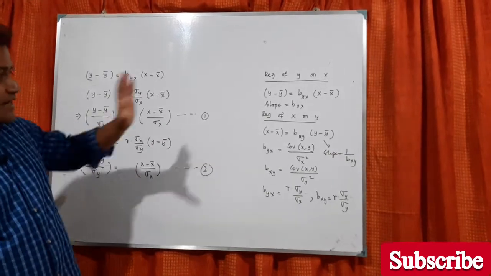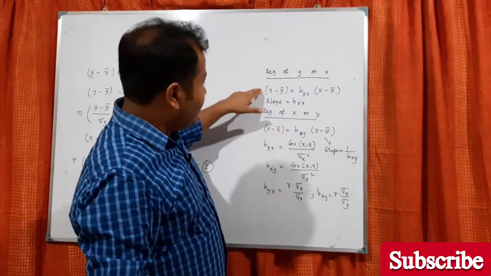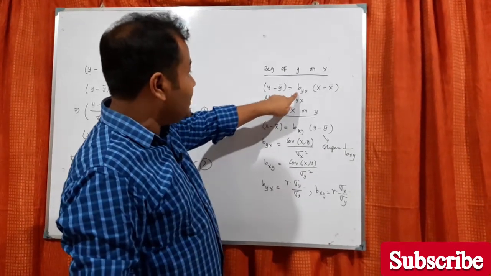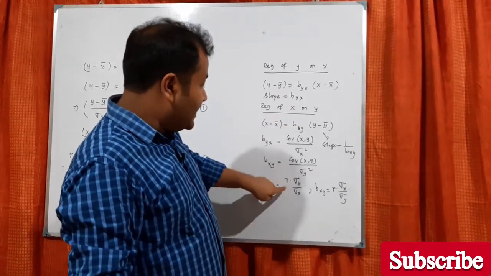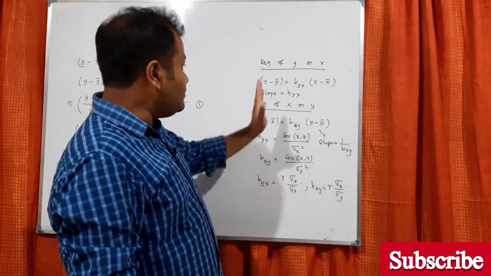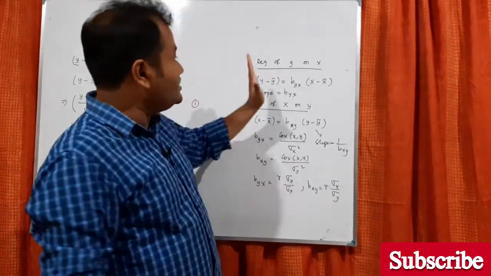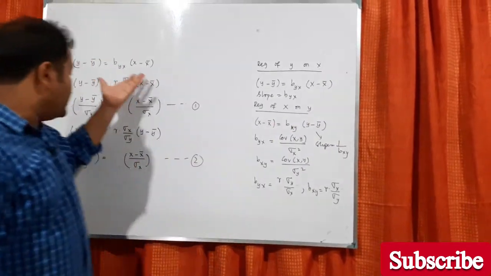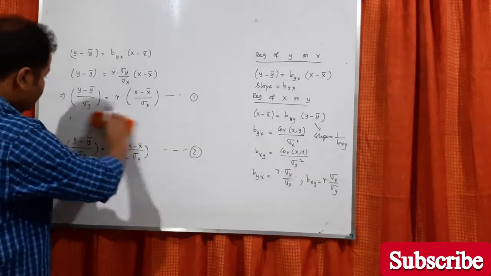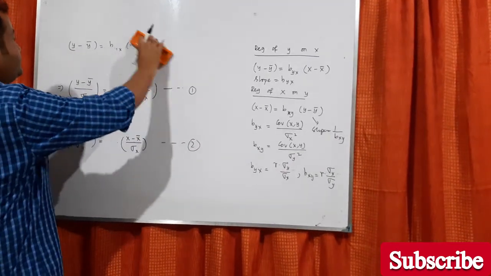Basically we have taken the initial two equations of straight line and incorporated these two values in terms of r, sigma y and sigma x. Then we separated the y part and the x part. So finally we have got this equation and this equation.